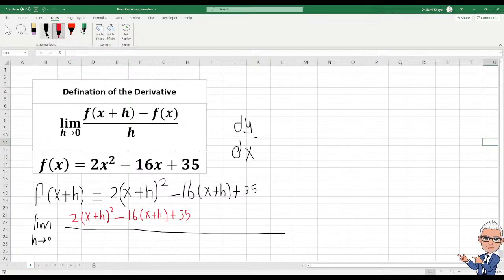Okay, this is my first part. Minus the f of x, which is this one.